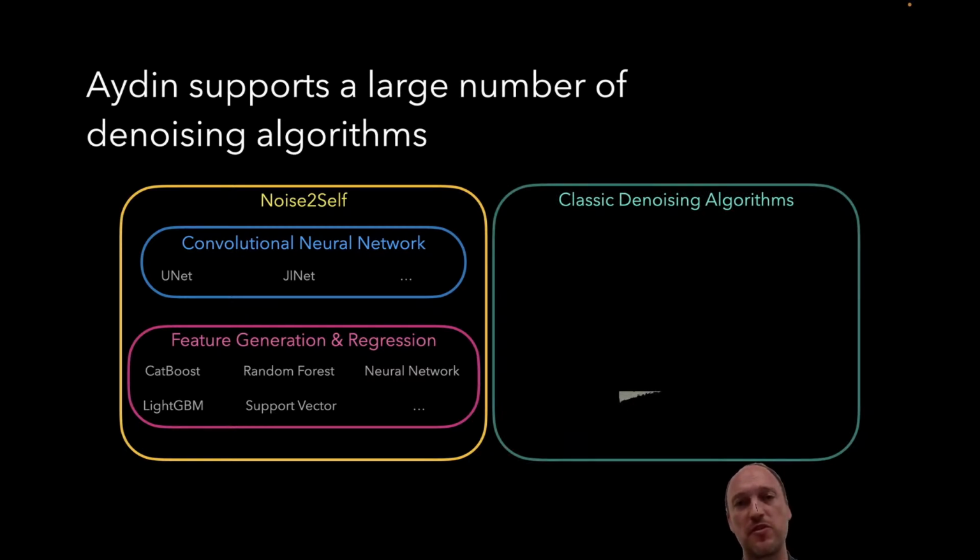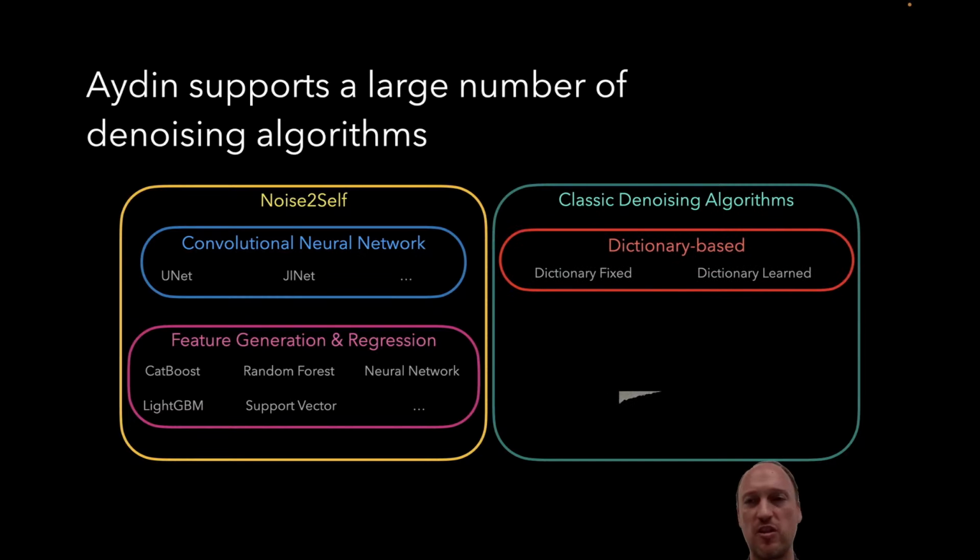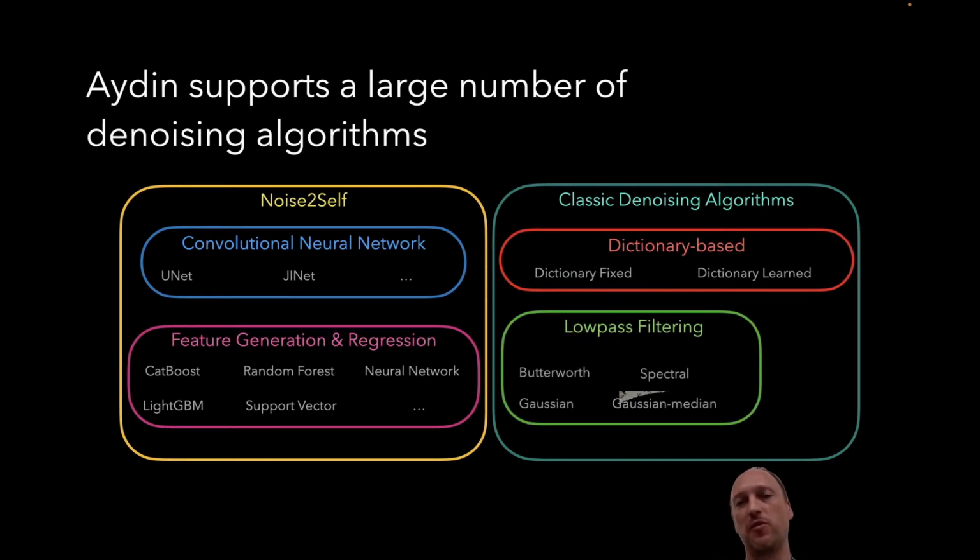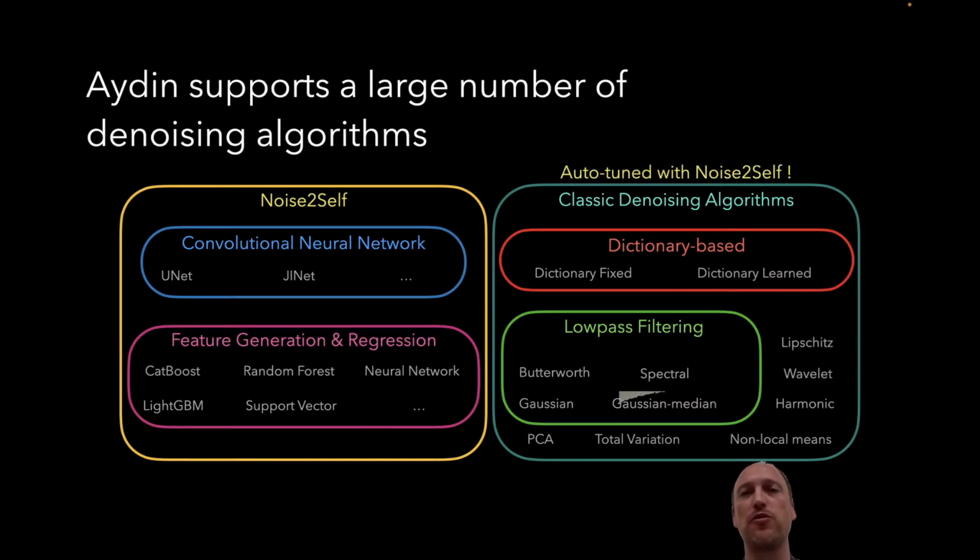But we also were interested, as we actually hinted and showed a little bit in the noise to self paper, at looking at classical denoising algorithms and see how much we can improve them. So we have dictionary-based algorithms, but also low-pass filtering algorithms, especially Butterworth, which is very effective, or Gaussian filtering. And we have a bunch of other classical denoising algorithms. But the key thing here is they're all auto-tuned with noise to self.